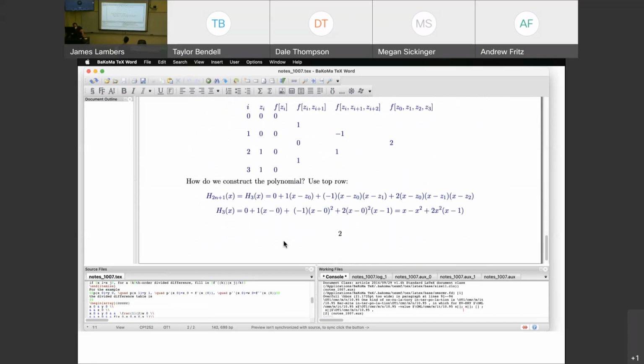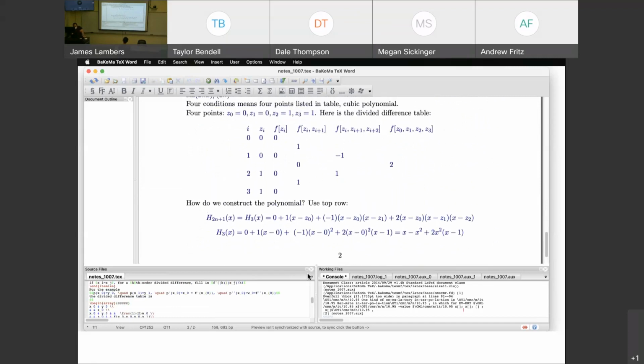So, in this case, I have a third degree polynomial because I have 4 coefficients in total. So, I go across the top row, and I fill in my divided differences: 0, 1, minus 1, and 2. First term has x minus z0, and then I have x minus z0, x minus z1, and then x minus z0, z1, z2.